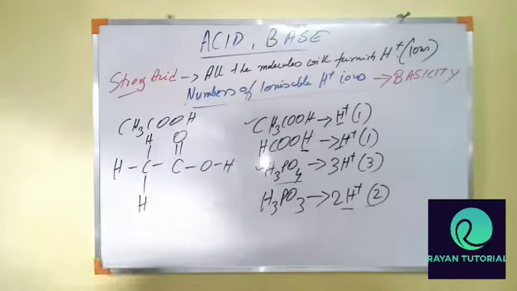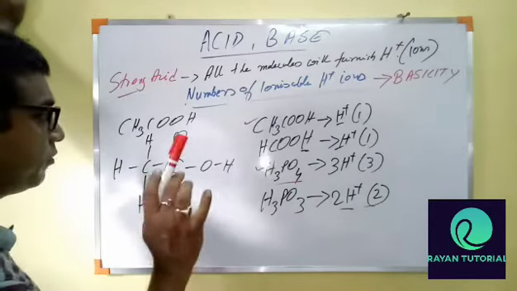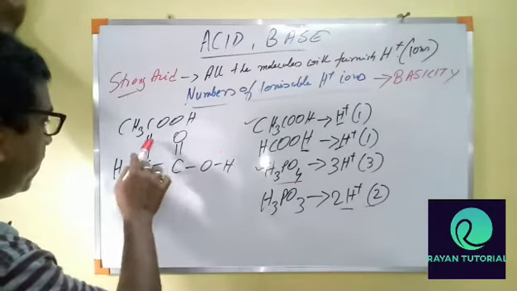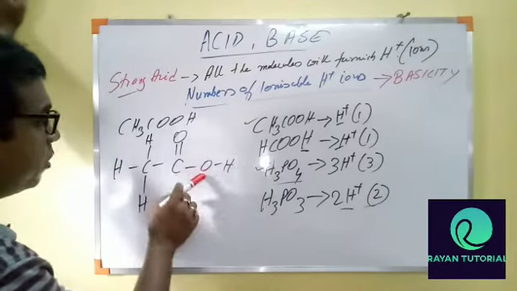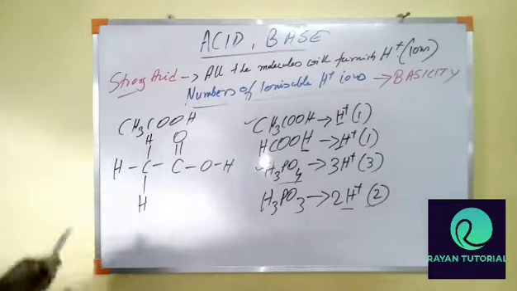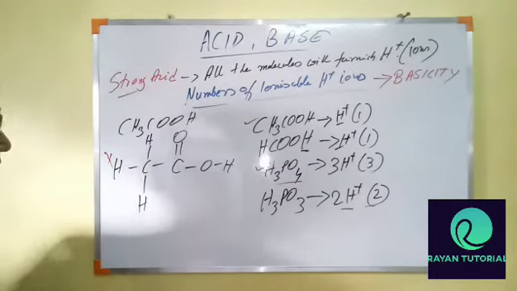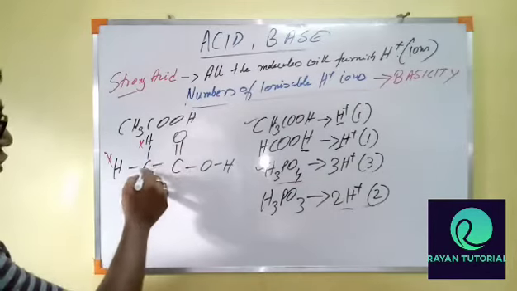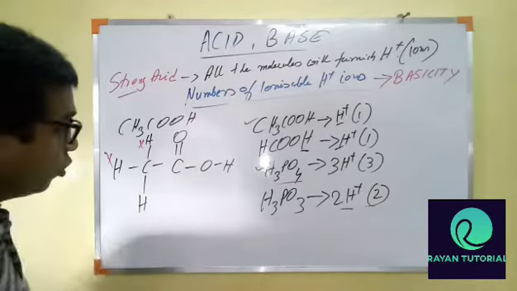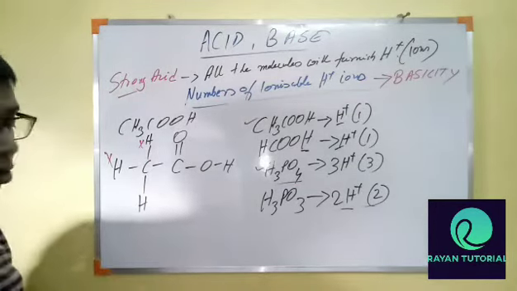Okay, now see here. First let me check whether I have written it right or not. CH3COOH. Okay. Now see here, this hydrogen is not attached with oxygen. These are the bonds. This is the double bond. These are the single bonds.